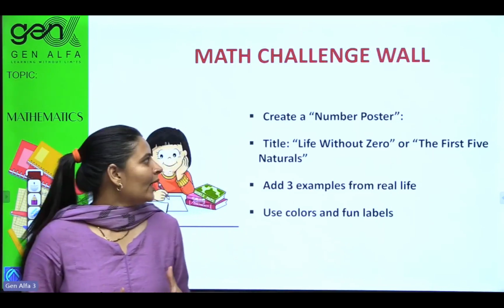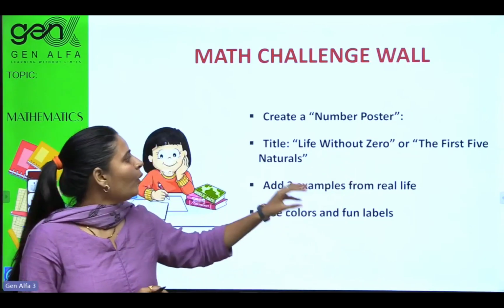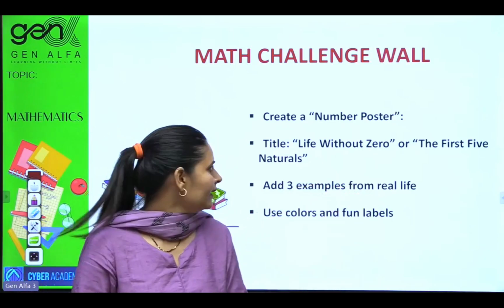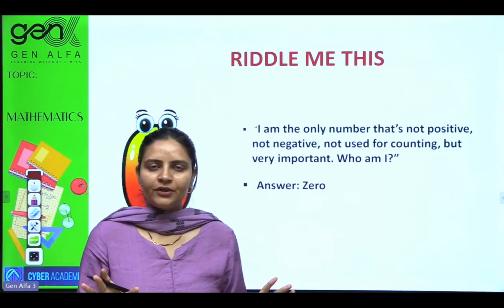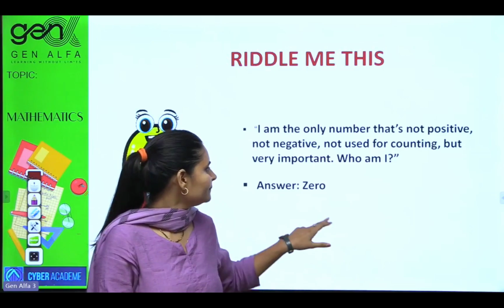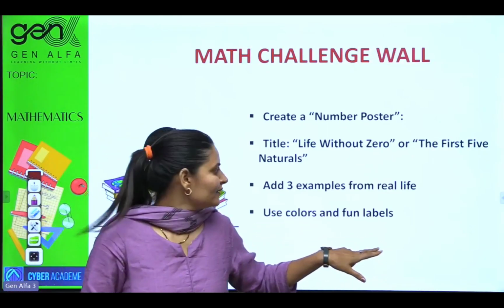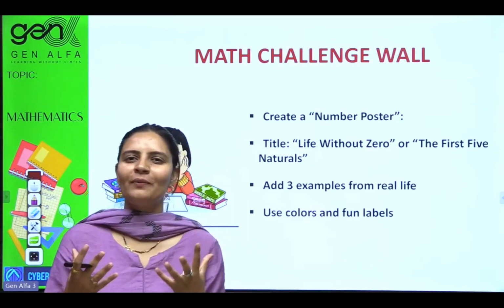Life without 0. This would be your title or the first 5 naturals. You have to be very creative after doing that. Add 3 examples from real life, any 3 examples that you feel convenient or comfortable, and use colors to make it effective and write fun labels. It would make your comic very interesting.